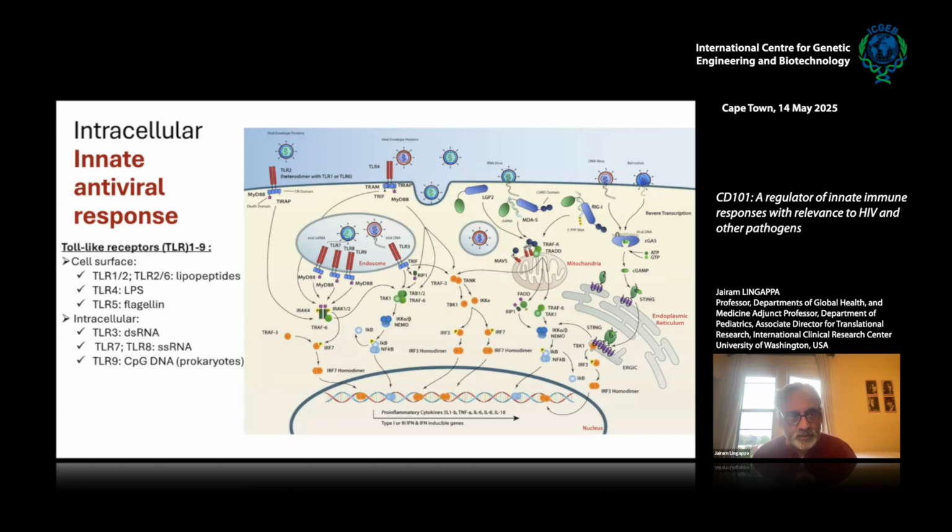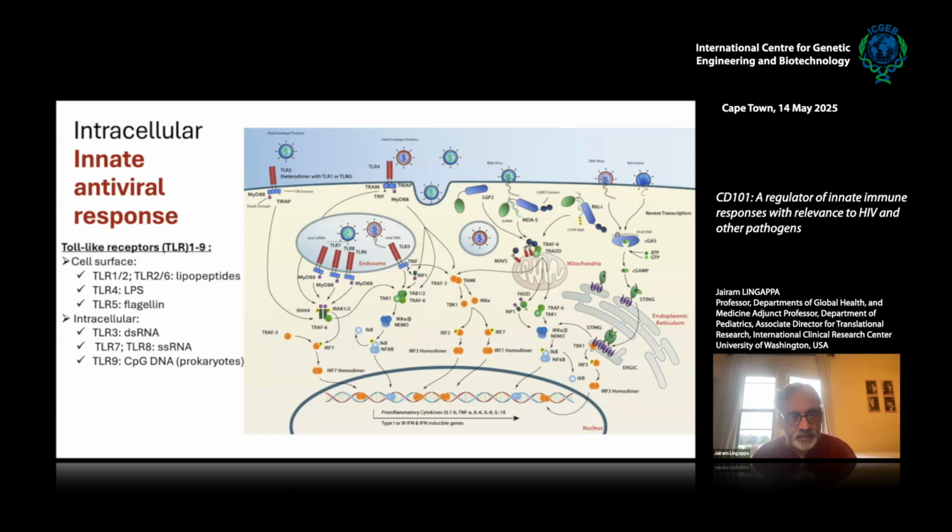Toll-like receptors tend to be one component of this innate immune response. There are 9 toll-like receptors in humans, and numbers 1, 2, 6, 4, and 5 are all cell surface receptors that respond to bacterial agents or bacterial pathogen factors.